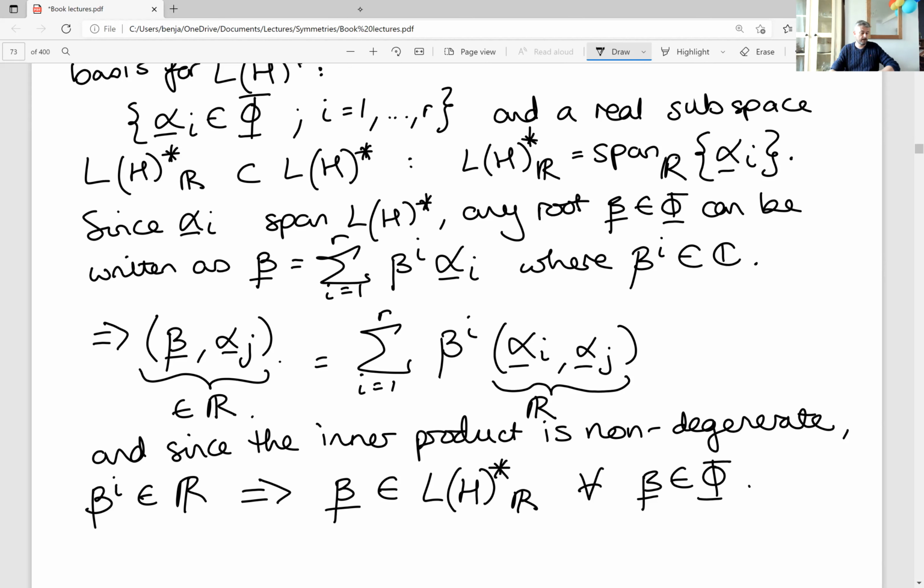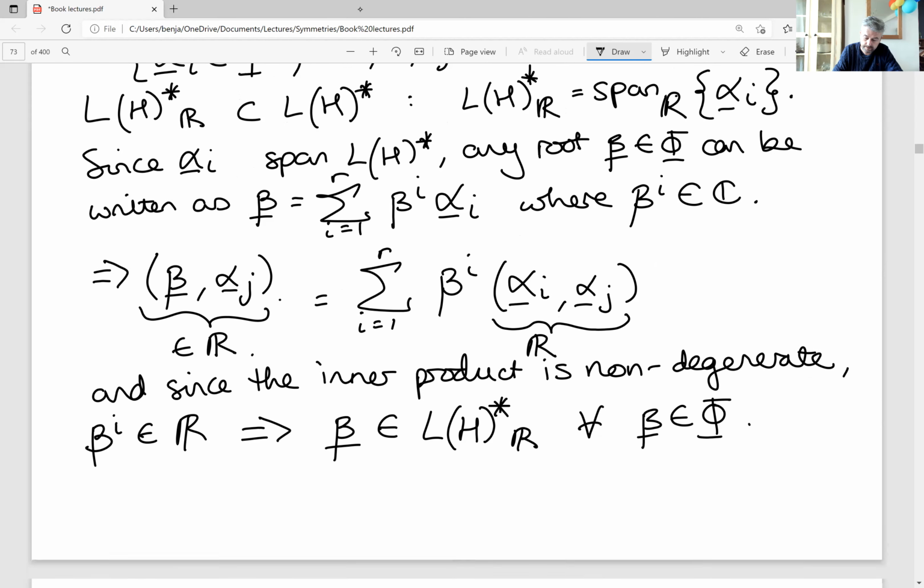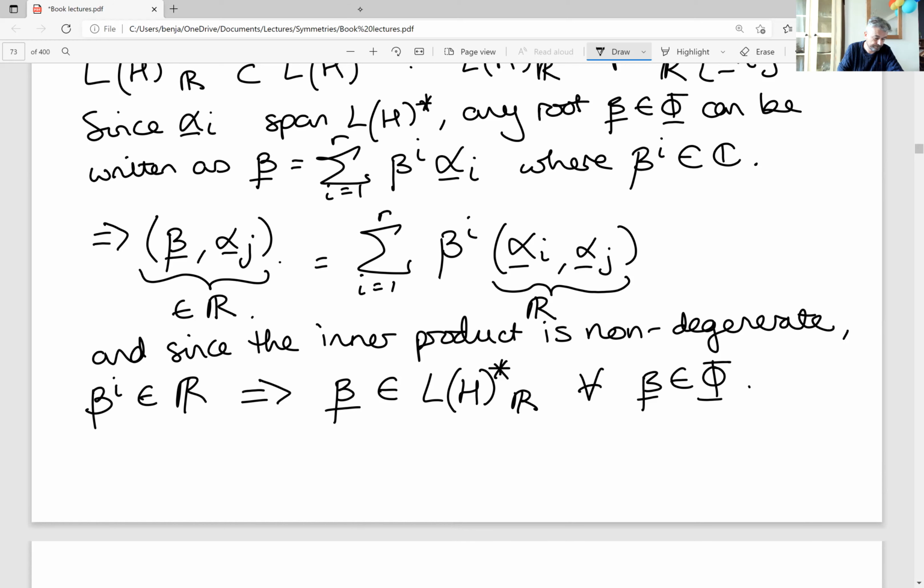Now let's take a couple of elements of this real subspace. So let lambda and mu be in LH star real.